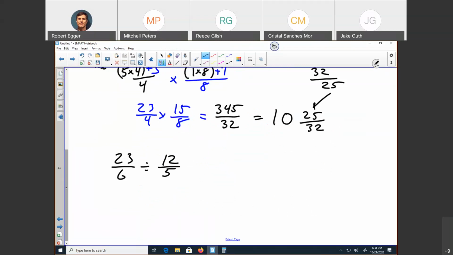I'm trying to make things fancy. The step is to change the division into multiplication. And we're going to do that by taking the reciprocal of 12/5, which is just the two locations swapped out, just flip-flopped.